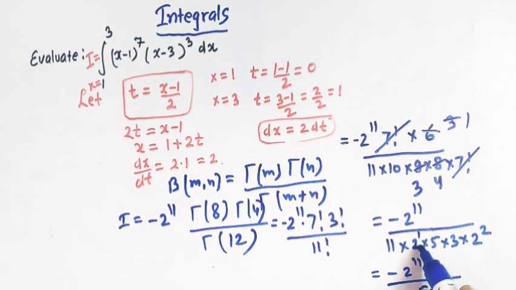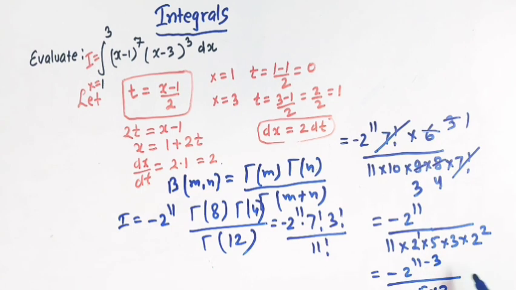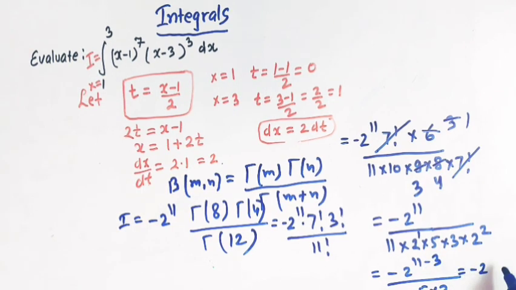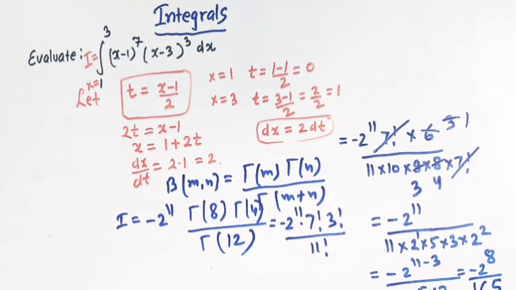So we have minus 2 raised to 11, and here we have 11 times 5 times 3, and 2 raised to 1 plus 2, which is 3. So we can take that 3 to the numerator, so we have minus 2 raised to 8, and in the denominator 5 times 3 is 15, and 15 times 11 is 165, right?